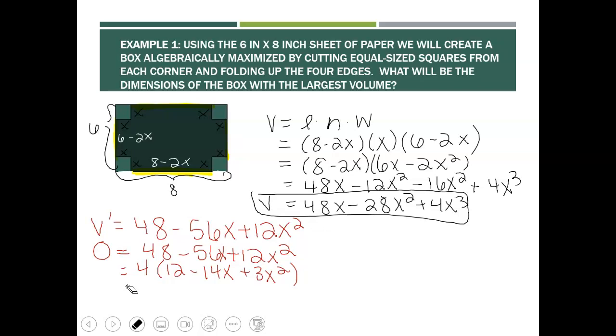It's just shy of 4. Right? So we would find our two values. My calculator's back here, so I'm doing it in my head.